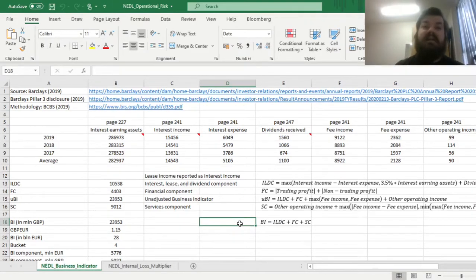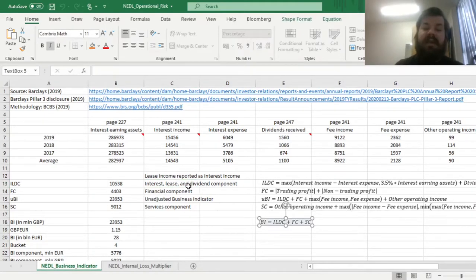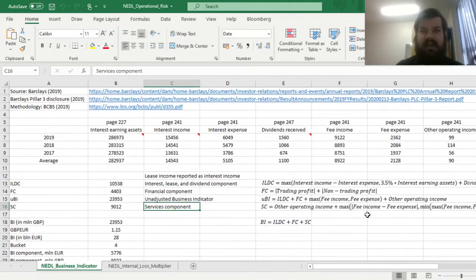And the business indicator is a synthetic concept that aggregates disclosure elements from three business lines that are defined as interest, lease, and dividend component, ILDC for short, the financial component, FC for short, and the services component, SC for short. And it builds up on the concepts developed in the basic approach and in the old standardized approach, where you used operating income to proxy operational risk exposures, and you also acknowledged heterogeneities in various business lines.